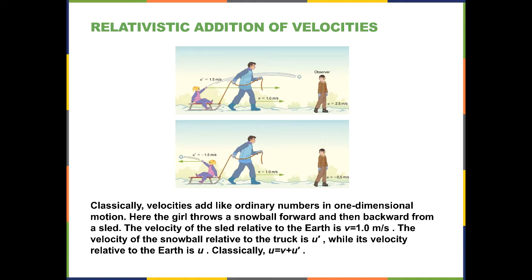Conversely, if she throws it the other way, it's again an addition of the two vectors, but now it's 1 and minus 1.5. So what the observer sees is minus 0.5 meters per second. So classically, the observed velocity is equal to the velocity of the individual plus the velocity of the propelled object.